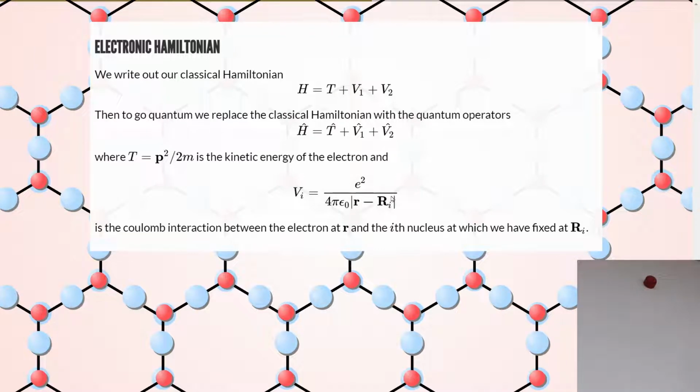So, what was our recipe? The first thing was to write down the classical Hamiltonian for the system. So let's take a pair of hydrogen atoms. If we think about the energy of an electron, its Hamiltonian is going to be T. No idea why it's always T, but T is kinetic energy.